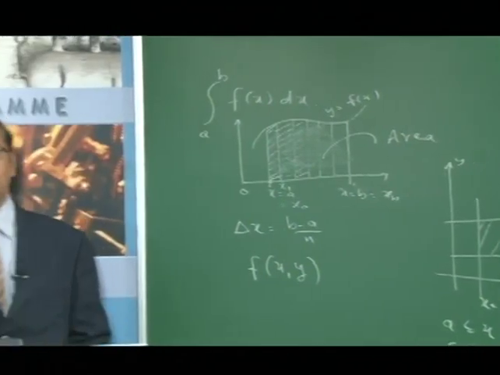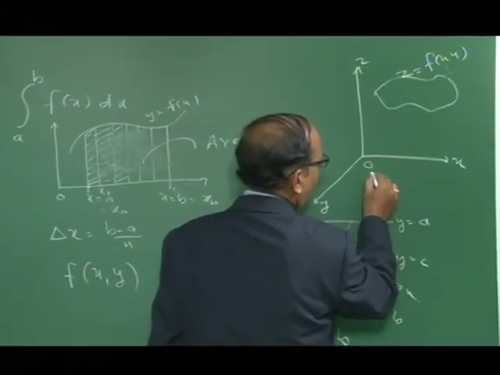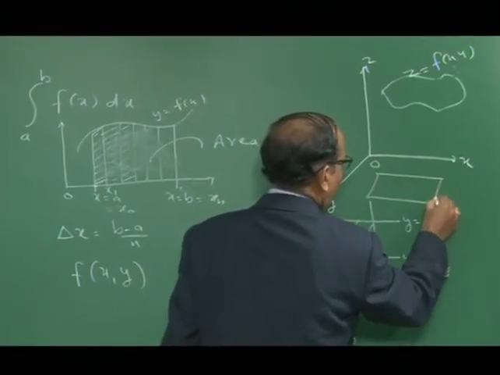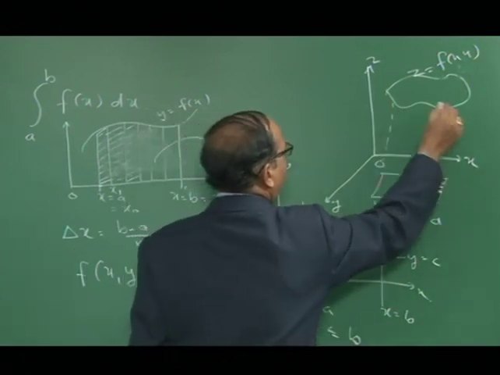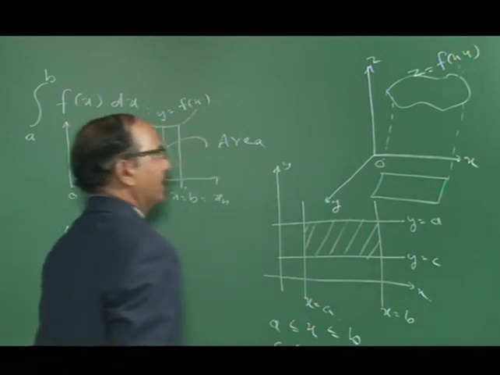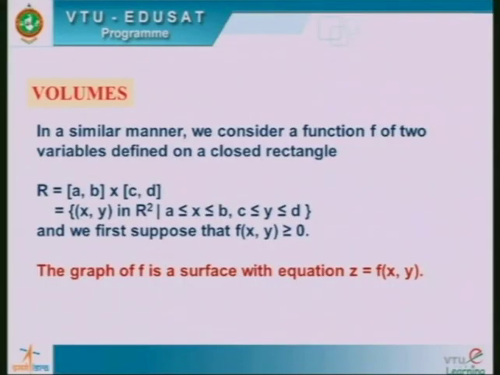You have to imagine that for every point (x,y) there is a rectangular region in the xy plane, and the corresponding surface is generated. z equal to f(x,y) represents a surface in three-dimensional space.